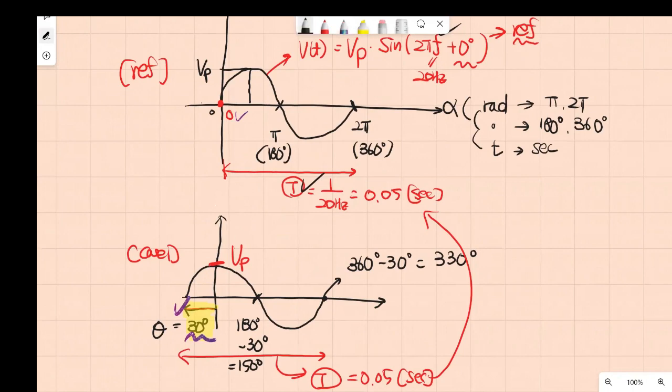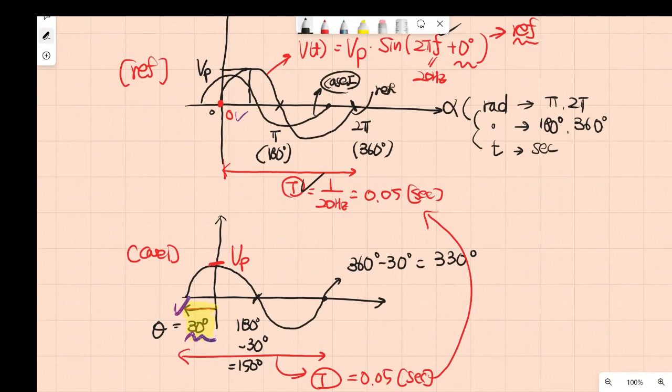I'm going to draw it here. In case one, the graph arrives earlier than the reference one.